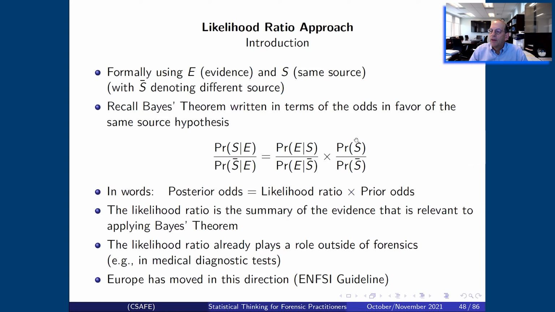The first ratio on the far right, where my cursor is moving, is the ratio of what we would call the prior probability of same source divided by the prior probability of different source. This is, what is the frequency in the world of same source comparisons or the frequency of different source comparisons?